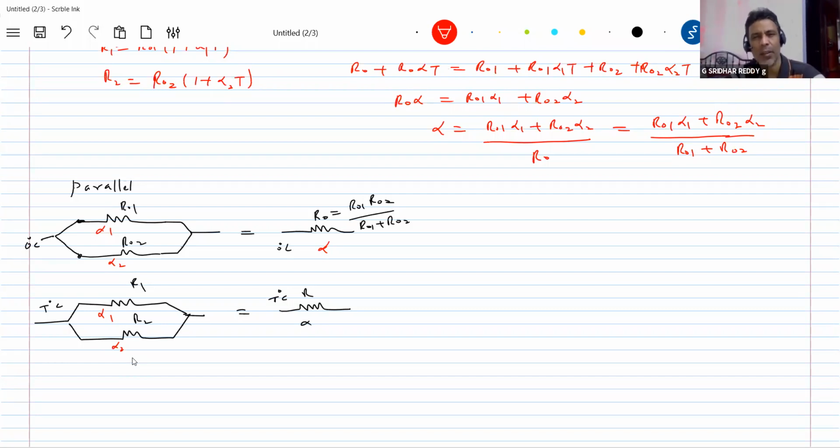What is that range? Usually the temperature varies on the order of 30, 40 degrees Celsius, or even 100 degrees Celsius, when alpha is almost constant. It's the temperature coefficient of resistance. R should be equal to R1 R2 by R1 plus R2, the same formula. So I'll proceed like this.